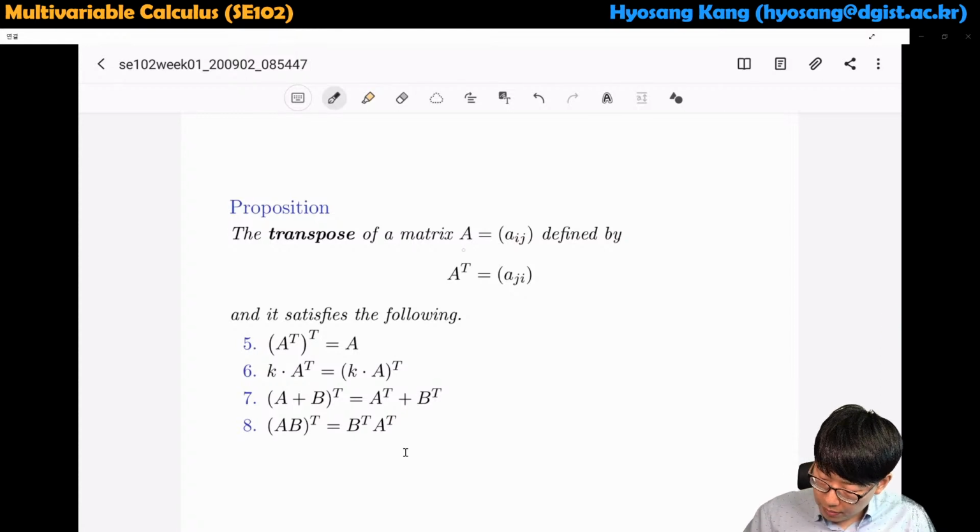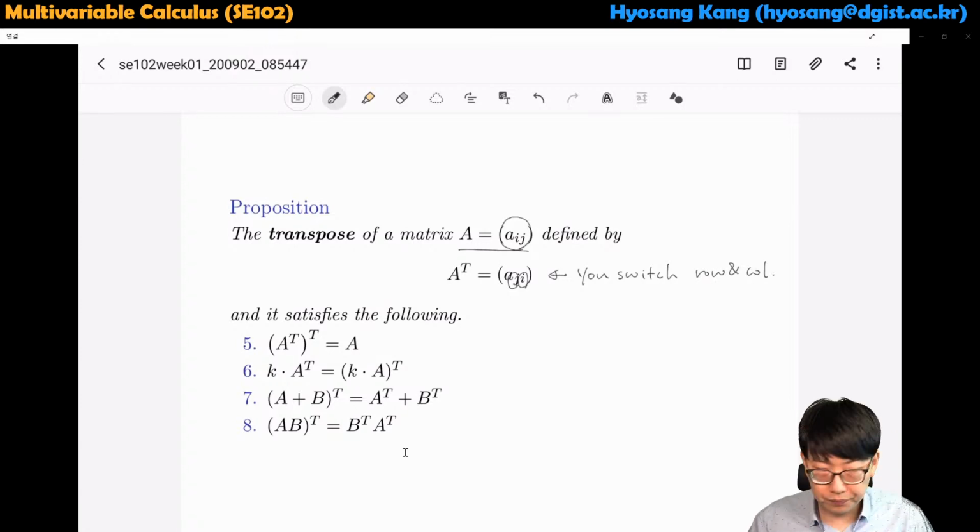Whenever you have a matrix A, the transpose is the new matrix where you get the j-th row and i-th column entry from the i-th row and j-th column entry of the original matrix. So simply you switch row and column to get the transpose of a matrix.